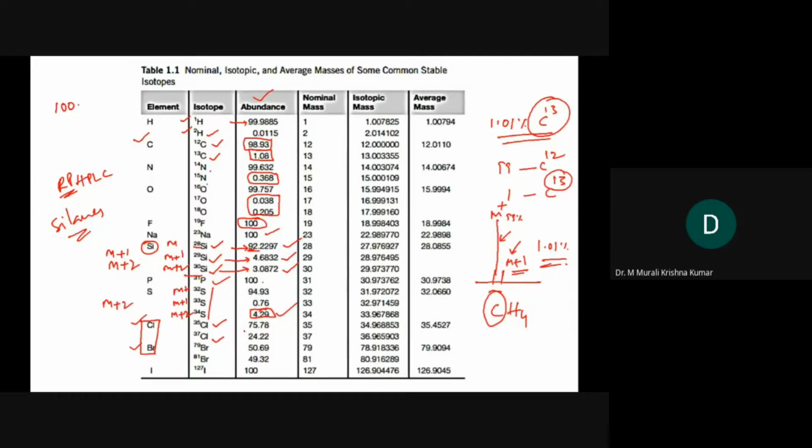If you observe it closely, 75.78 is the M plus, and chlorine 37, meaning M plus 2, is 1/3 of it. Okay, you see 3:1, so they are in the ratio 3:1. That's the reason why a very strong presence of the M plus 2 ion will be there in this case.